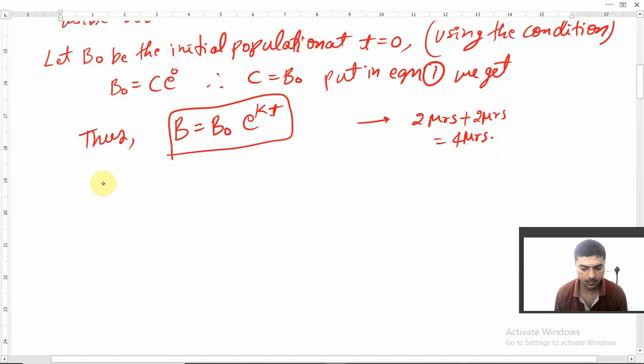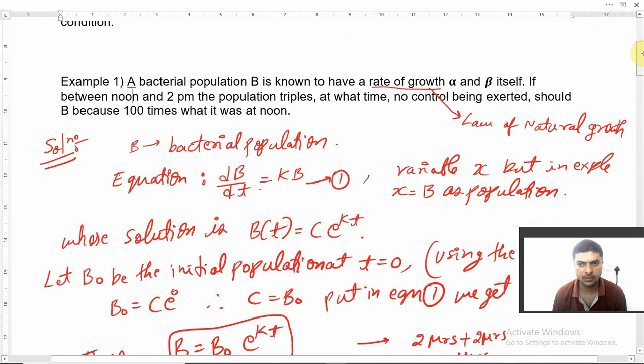Since the population triples, here I am going to use this condition now. How does the population triple? b will become 3b. Three times the population means 3b I am going to take. So in the initial condition it will become 3b naught.